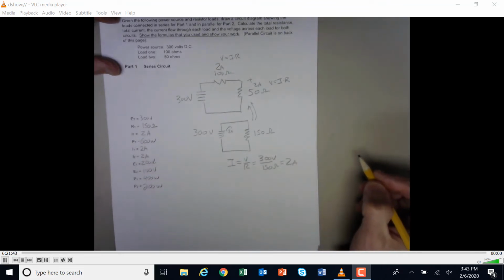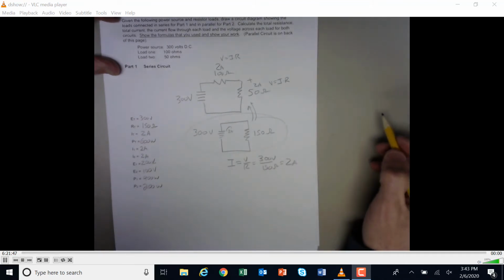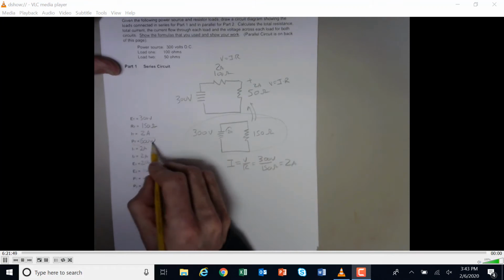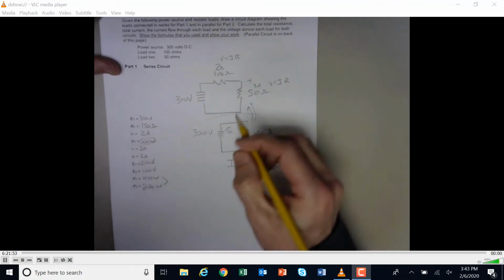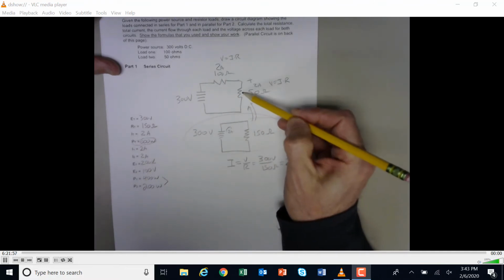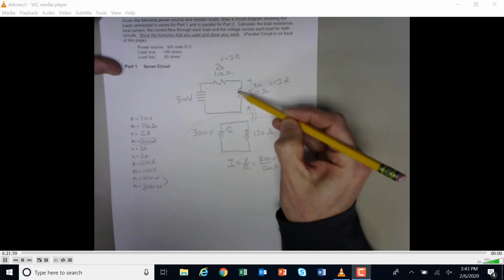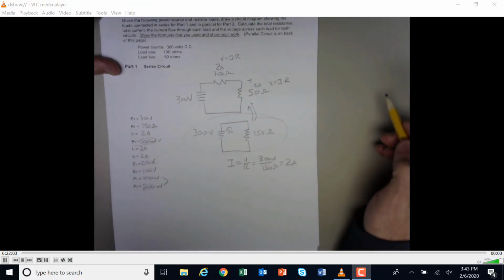Now a couple things we just want to take a look at. When we looked at our simplified circuit here, we said it was dissipating 600 watts. Does that make sense? Well, according to this, one resistor is dissipating 400 watts of heat, and this one's 200. So yeah, 400 plus 200 equals 600. That seems to make sense. And then what about our voltage drop?